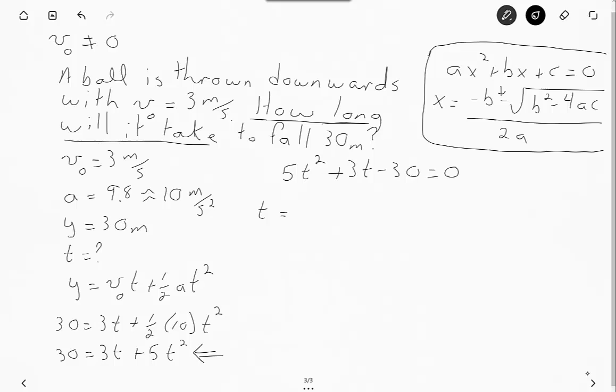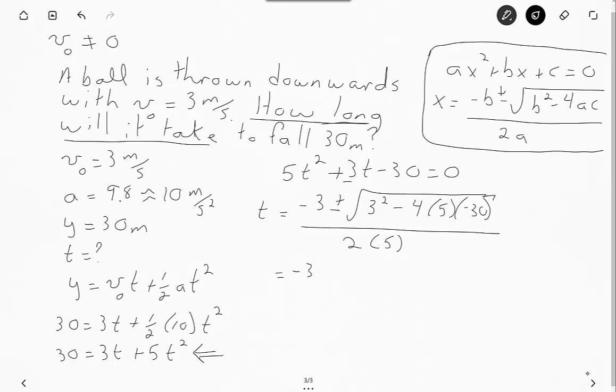So t is equal to negative b, so negative 3 plus or minus the square root of b squared, which would be 3 squared, minus 4 times 5 times negative 30. I have to put the negative in there because it is minus 30. All over 2 times a.